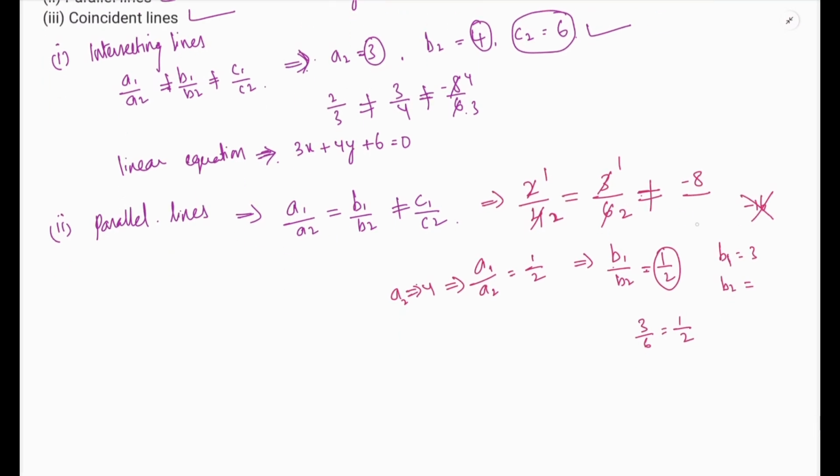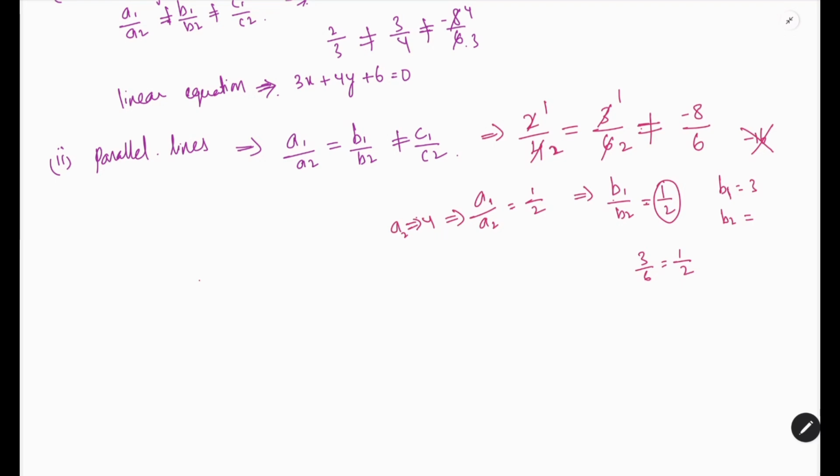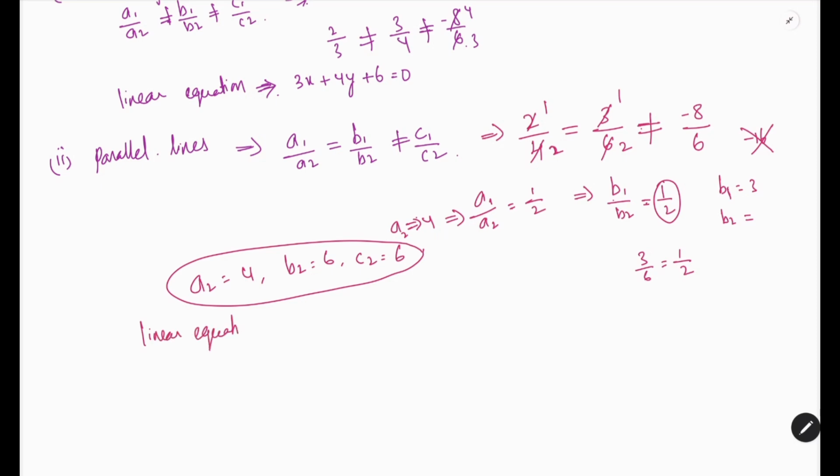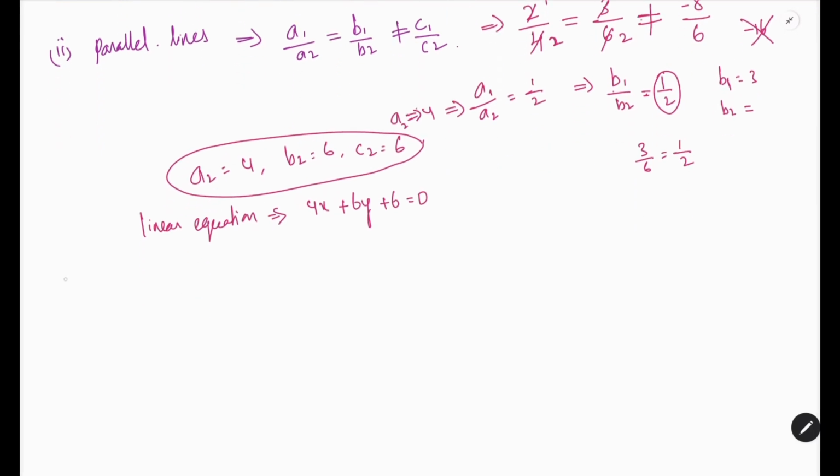You can take any other number, you can take 6. Now we have a2 = 4, b2 = 6 and c2 = 6. With these values the required linear equation is 4x + 6y + 6 = 0, so that these two lines will be parallel.